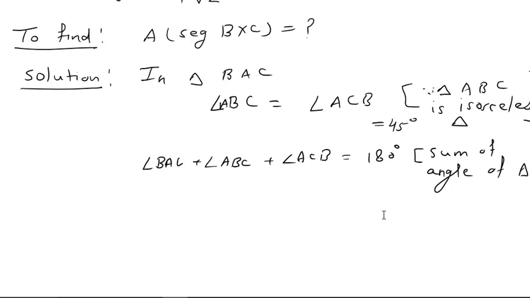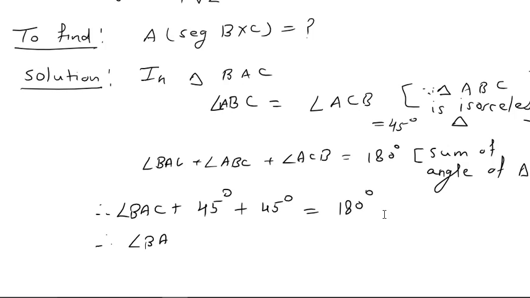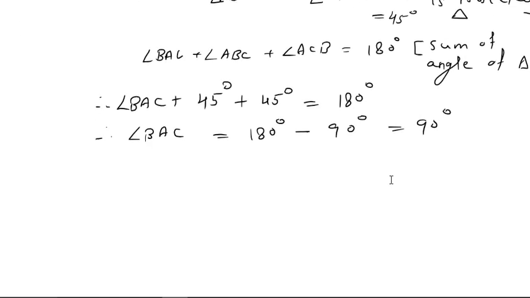So therefore angle BAC plus this ABC is 45 degree, this ACB is 45 degree. So I will get this angle BAC as 180 degree minus 45 minus 45, I will get 90 degree. So this central angle is 90 degree. I will consider let this angle BAC is theta degree. So the value of theta degree is 90 degree.